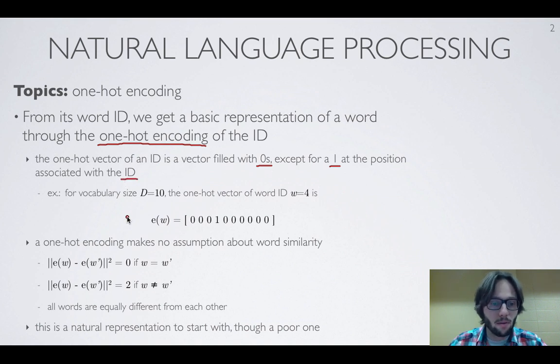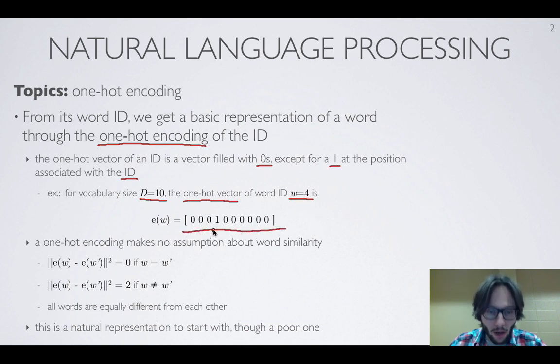So let's do an example. If we had a vocabulary of size 10, and by that I mean that there are 9 words in the vocabulary plus the out of vocabulary token that we added, which corresponds to the 10th ID, then the one-hot encoding vector for a word ID which is 4 would be the following.